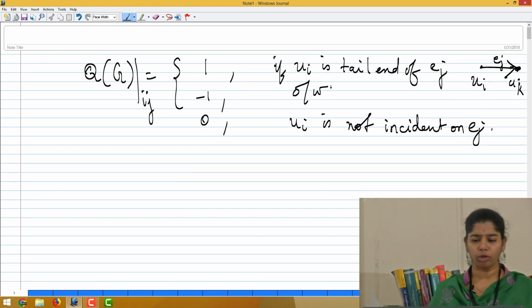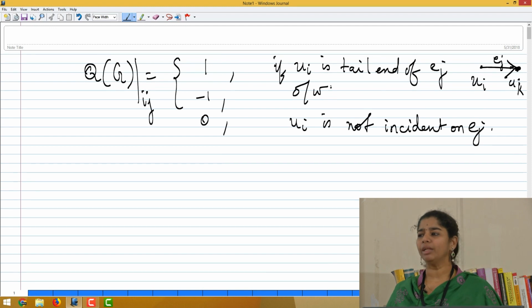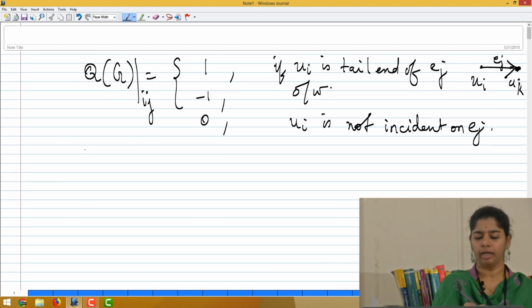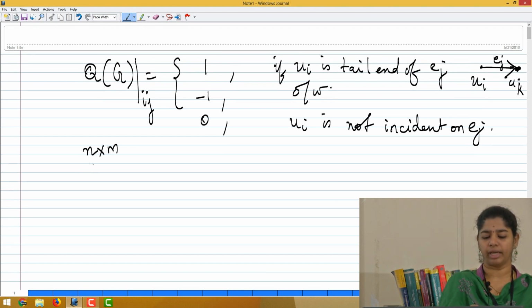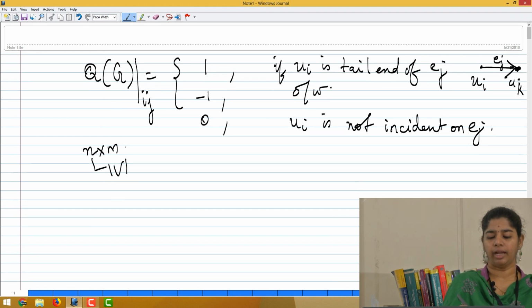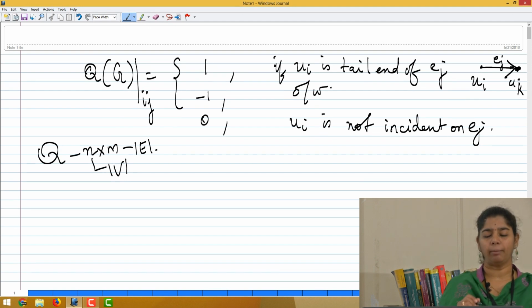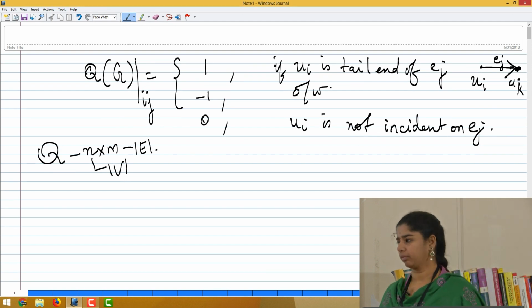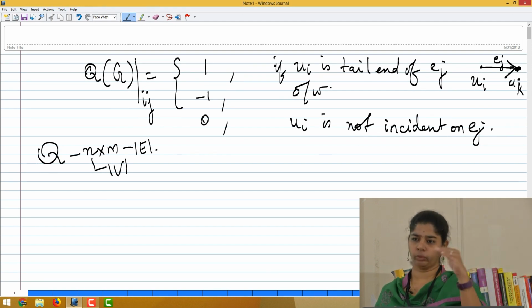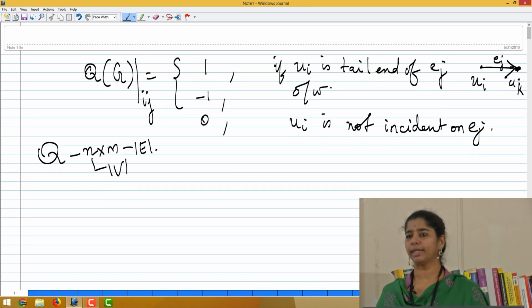So now I just want to look into the column space of this. We know this is an n by m matrix. If there are n vertices and m edges, then Q is a matrix of order n by m. N rows are there, each row corresponding to a vertex, and m is the number of columns, which is the number of edges.